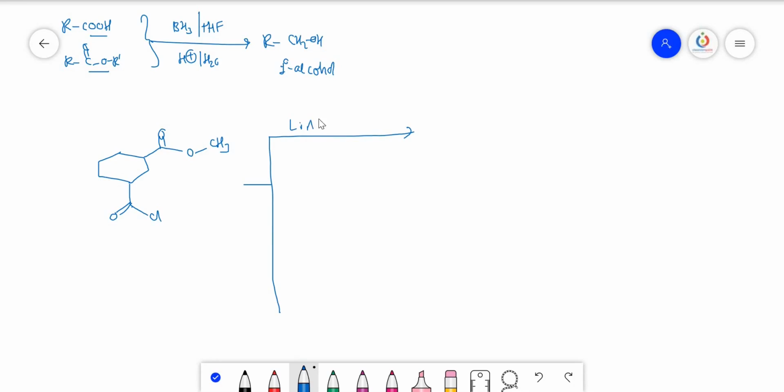Use lithium aluminum hydride, H plus and H2O. So you know the products very well. So this is OH plus CH3OH, and this is also OH.